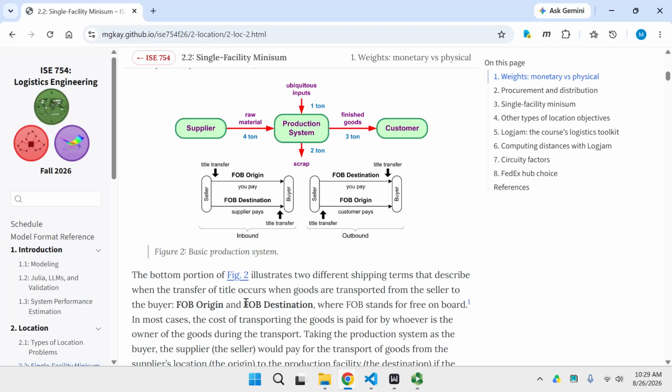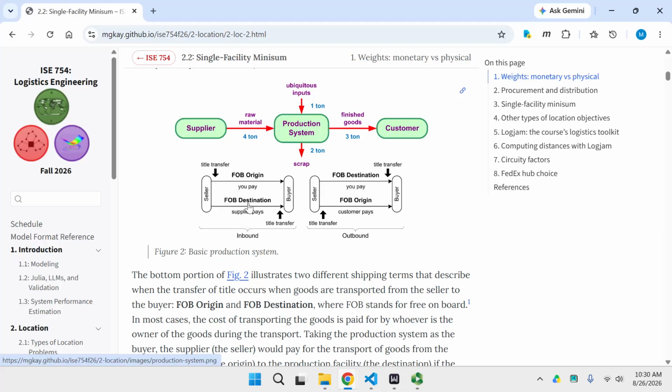In general, though, free on board impacts pricing: if you're taking more risk, you're probably going to want to sell the product a little higher on the free on board destination to cover your additional risk. Whereas with free on board origin, you would tend to want to get the product for a little bit less because you're taking on the risk. So it kind of nets out in terms of what you pay for the product.